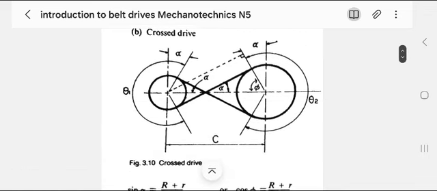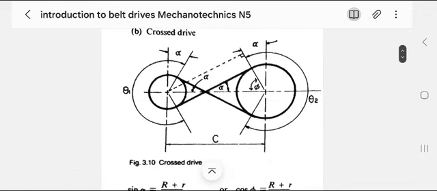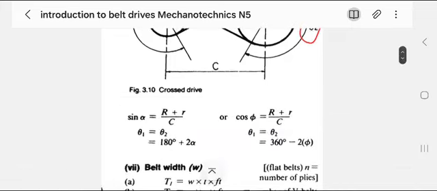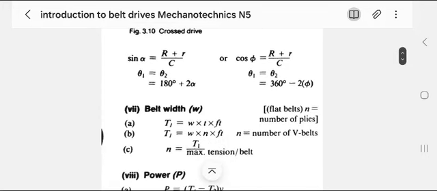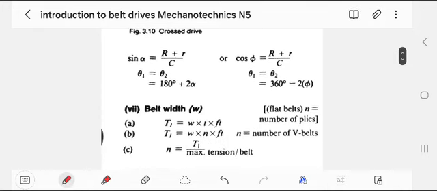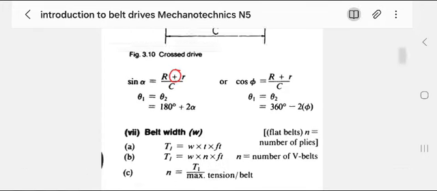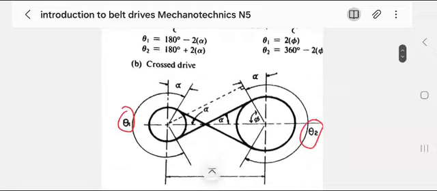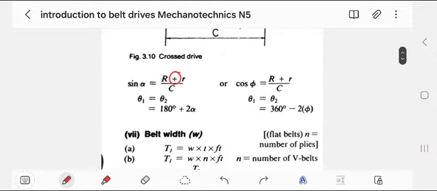So cross belts, as you can see, we've now been given cross belts. You will still have theta 1 on the small pulley and theta 2 on the big pulley. Notice here we'll have plus; when it's open, we'll have minus. Do not make a mistake about that. These are the radius of the big pulley and the radius of the small pulley, divided by the center distance.